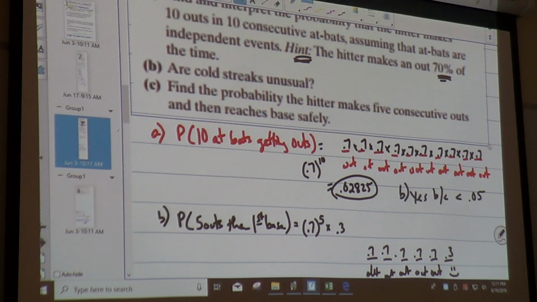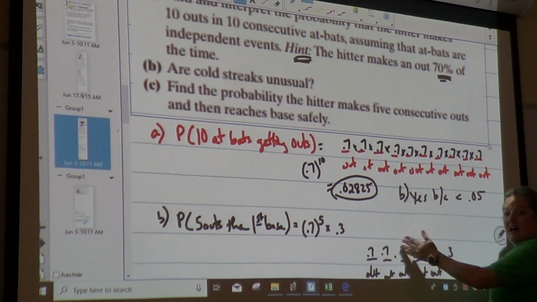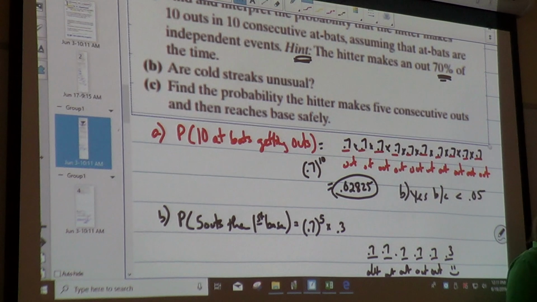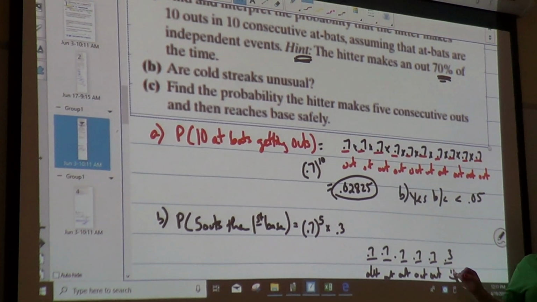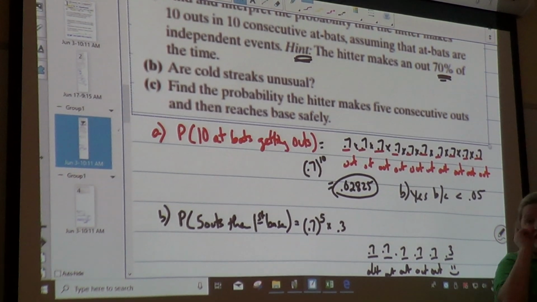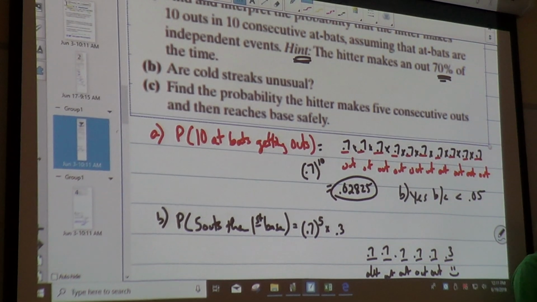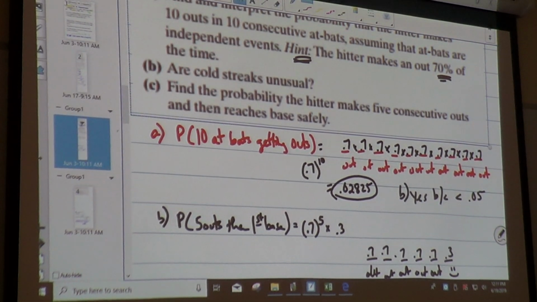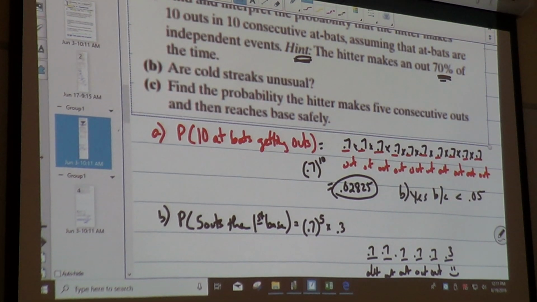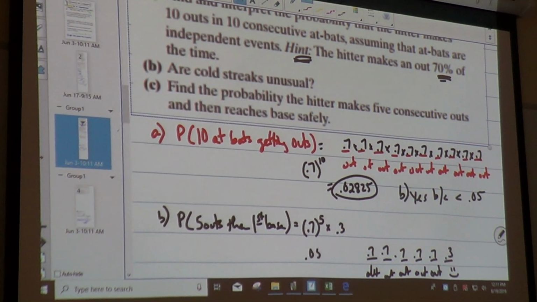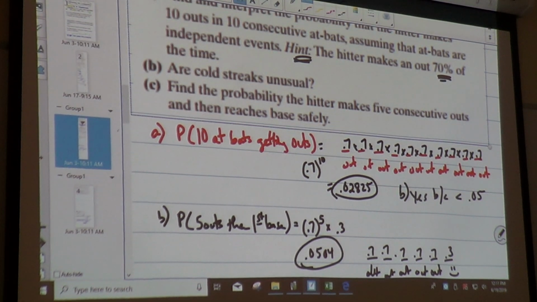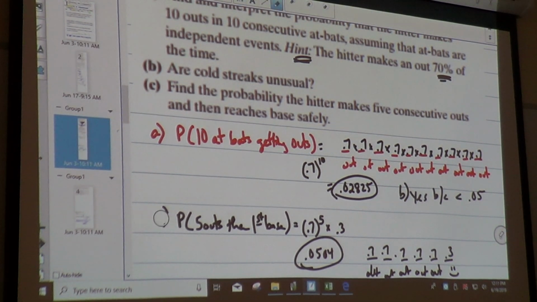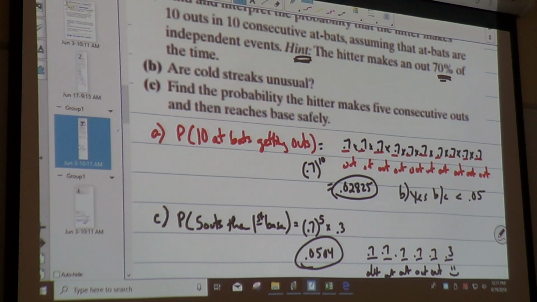The 0.7 to the 5th represents the 5 outs, and the 0.3 is the 30% chance that he made it to first base. That gives you 0.0504. I said that was B, but that was actually C.